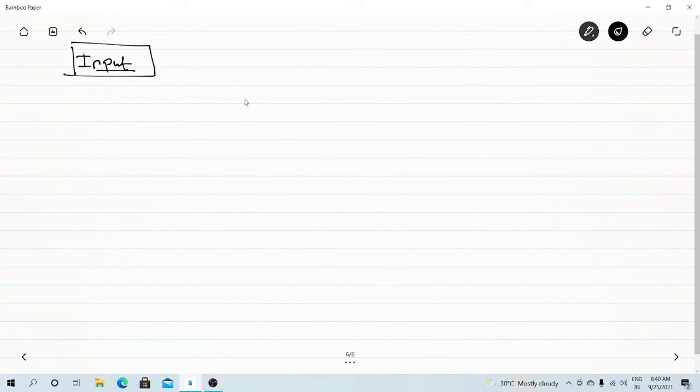So the input characteristic is basically between my, okay, let me draw again. Yes, so this is my current and this is my voltage. Whenever I am saying characteristics, that always refers to the current and voltage curve.